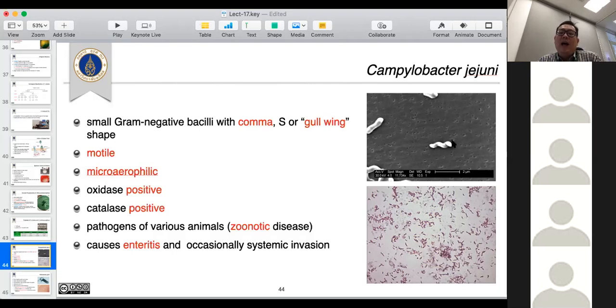When you see the gull try to open the wing, they can move by flagella. They love microaerophilic conditions. Campylobacter jejuni is contaminated by animals. Okay, they are pathogens in various animals. Okay, they contaminate food.